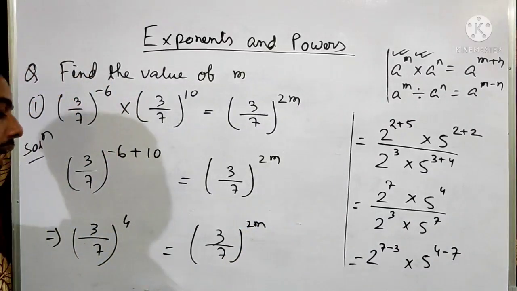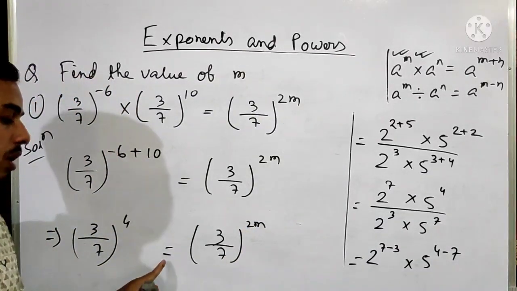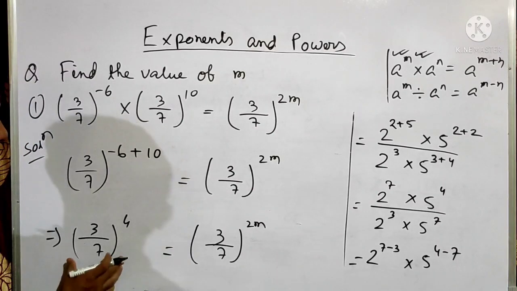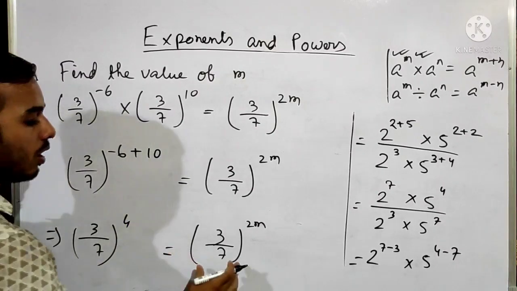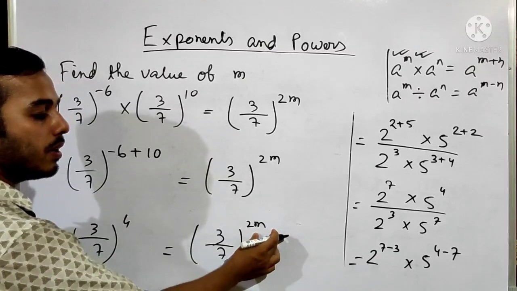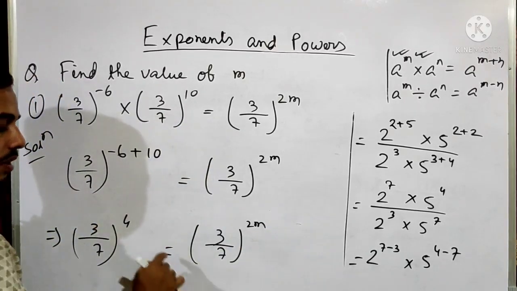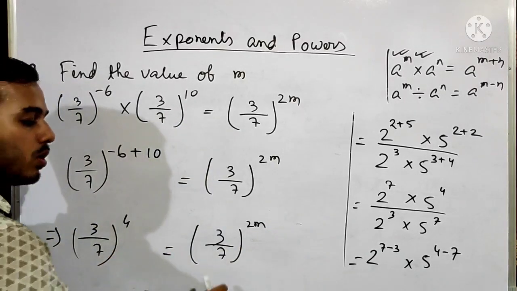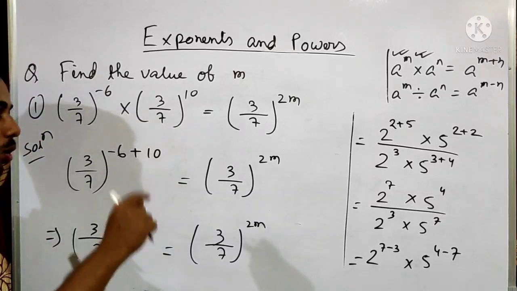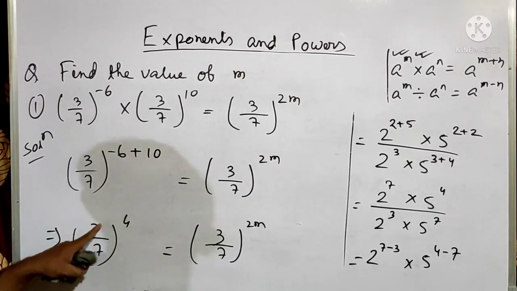Now look, here we have an equal sign. Since this is an equal sign, left hand side equals right hand side. Now look at the base. Which one is the base? 3/7.